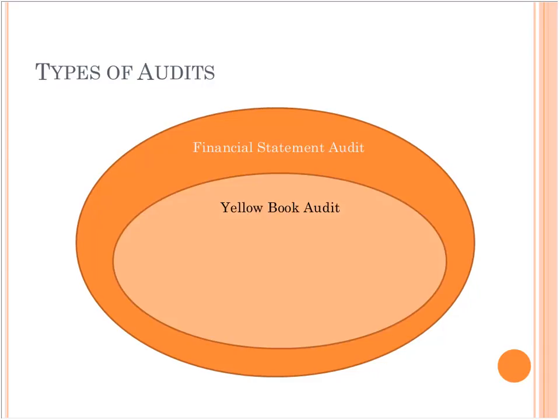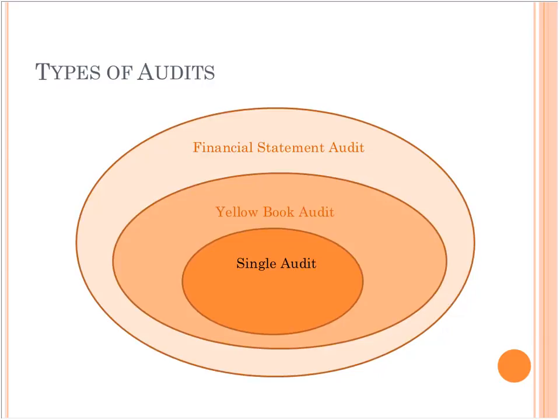A more specialized version is what is referred to as the Yellow Book audit. These are for nonprofit organizations who receive significant federal and/or state financial resources, grant resources, and do not quite hit the single audit threshold.